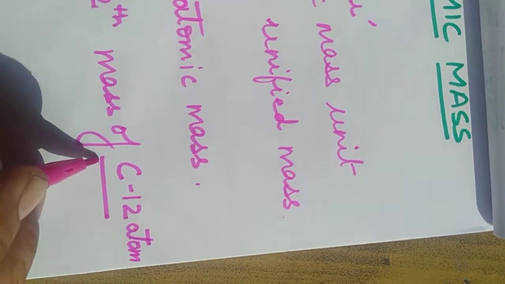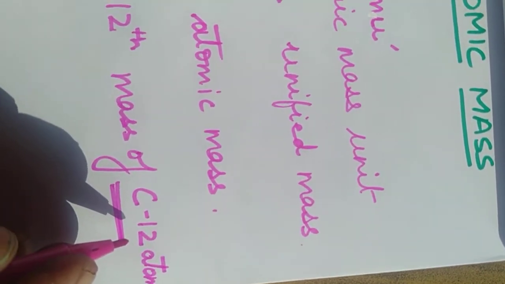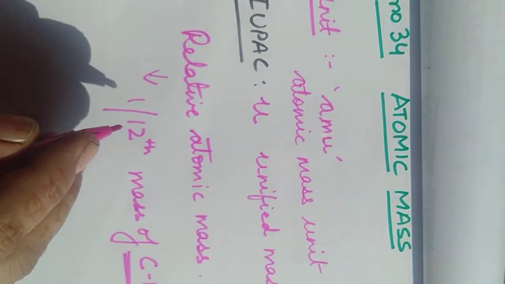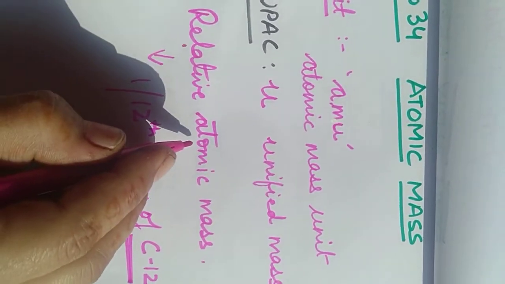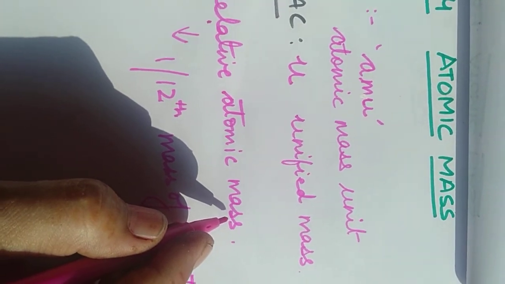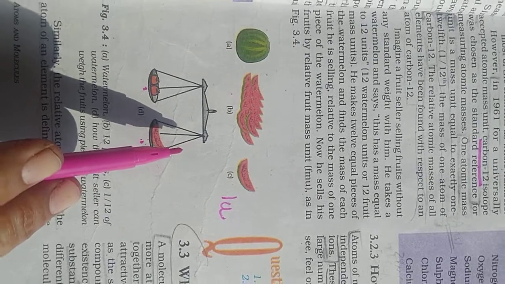So carbon here is taken as a reference atom to calculate other masses, known as relative atomic mass. Students, I hope you have understood with the help of the example of this watermelon, right?